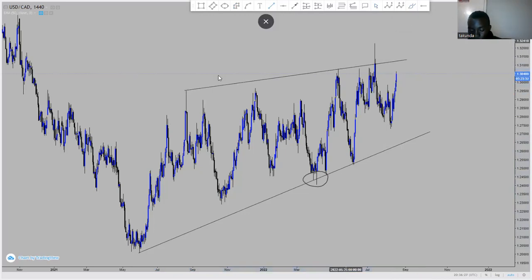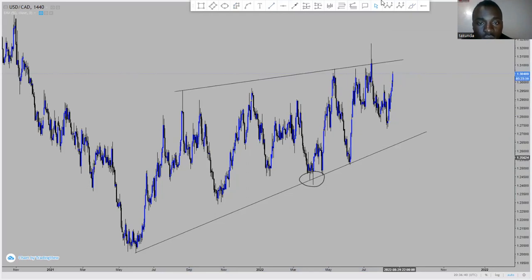Those are some of your main trend lines that we are currently seeing on the USD CAD, right? Yes. According to just the principle of trend lines, what can possibly happen is this market can continue pushing and come there, then bounce and come down. The possibility is very high.